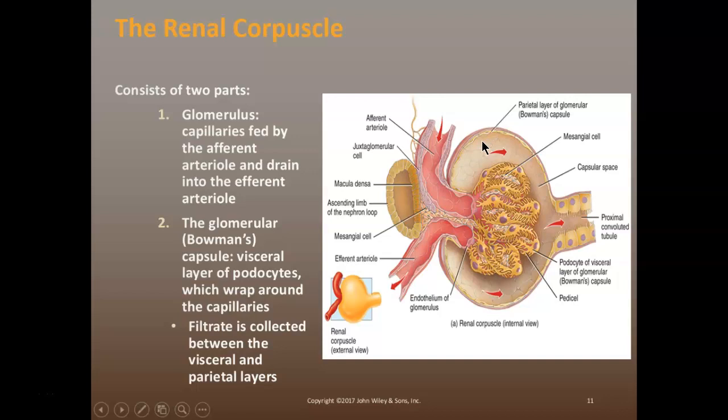Now, filtrate, of course, is going to be filtered across the capillary, so the afferent arteriole brings blood in. The blood is filtered across the walls of the capillary bed, and then the filtrate is going to be collected here within the capsule between that visceral and parietal layers.